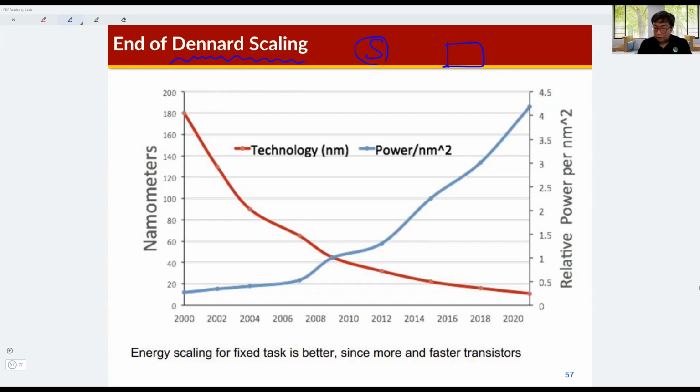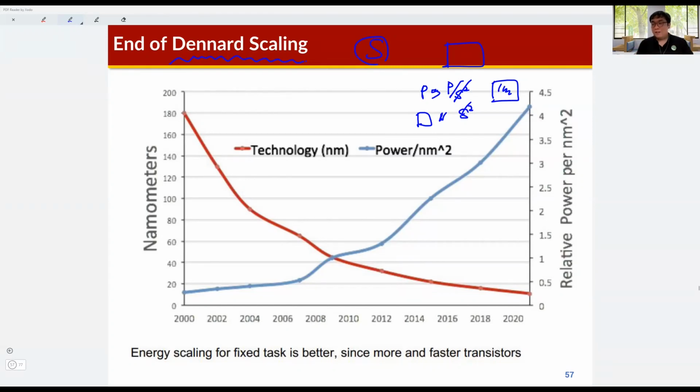Okay, because for the single transistor, P is reduced to P over S squared, but in the same area, we can include S squared transistors. So in the same area, the power density is maintained. That is the Dennard scaling.